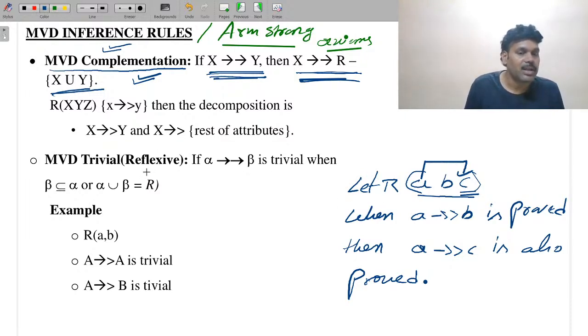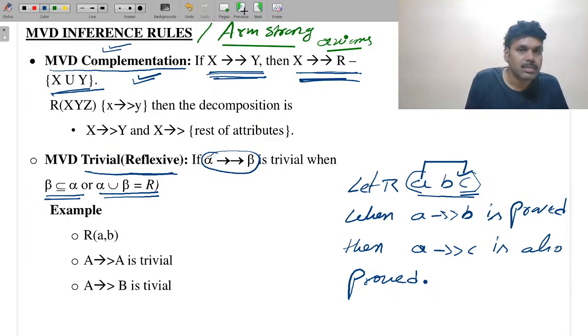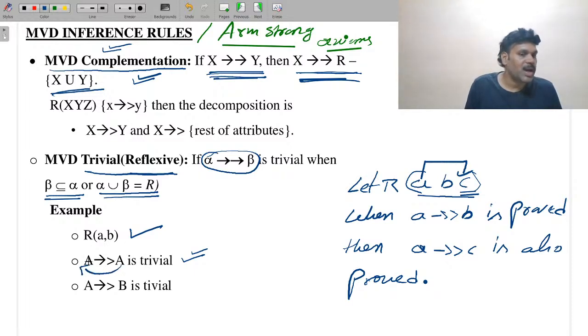And the second one is like this, trivial. It's called reflexive. Whenever beta is a subset of or equivalent to alpha, or alpha union beta is equal to R, then automatically alpha implies beta is proved. How? Let us see. There is a relation AB. I say A implies A is trivial because beta is a subset of or equivalent to alpha.